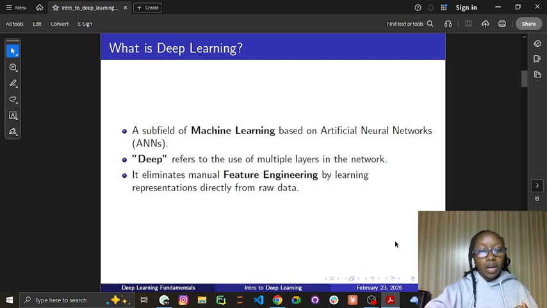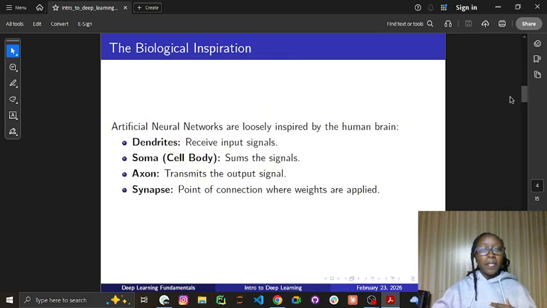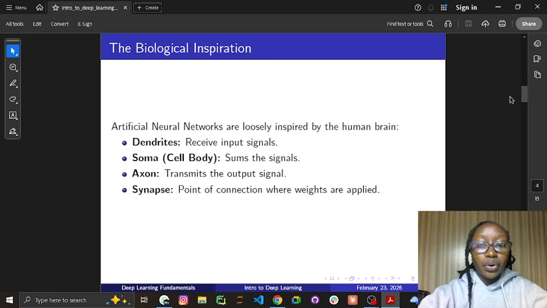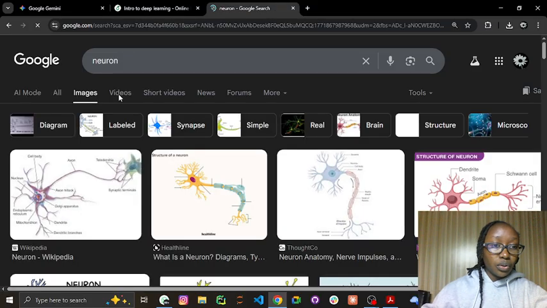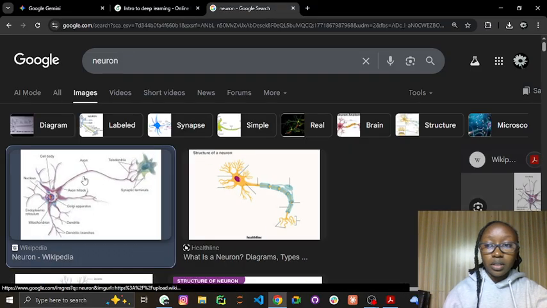To understand deep learning better, I'm sure if you have been a biology student, you have come across the human brain and learned about neurons. So we're going to look at the structure of a neuron.